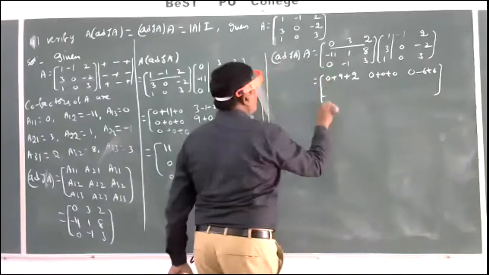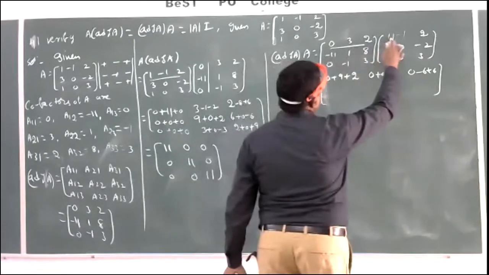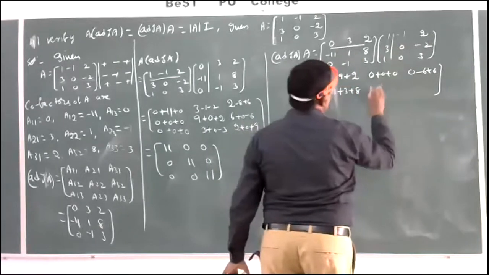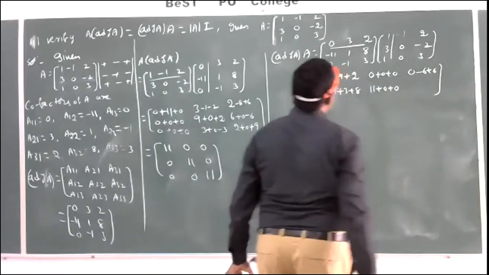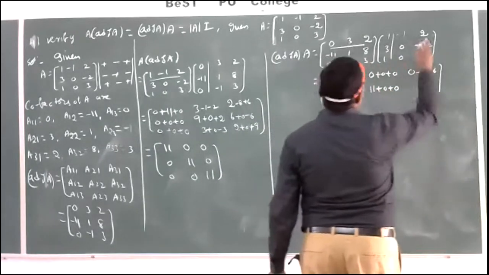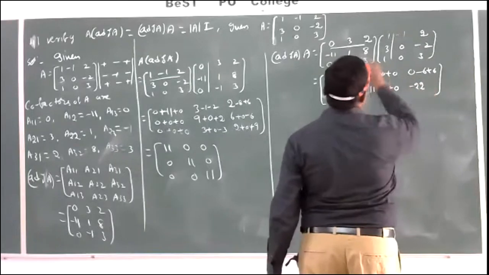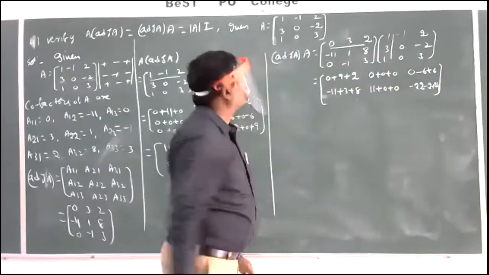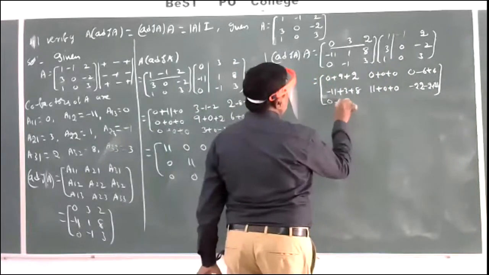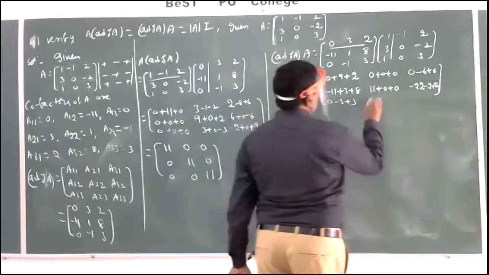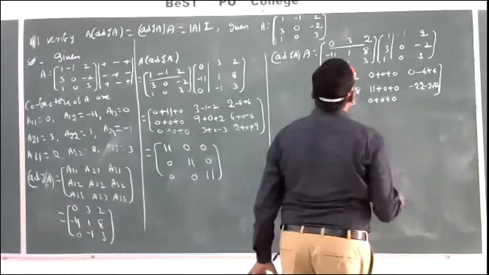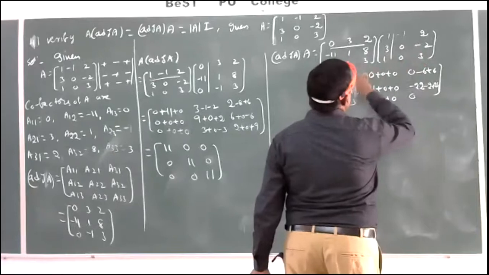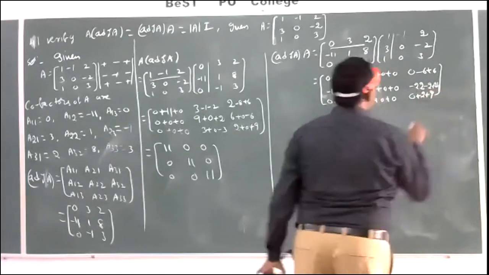Next minus 11 into 1, minus 11 plus 3 plus 8, 11 plus 0 plus 0, minus 22, minus 2 plus 24, next 0 minus 3 plus 3, 0 plus 0 plus 0, next 0, 2 plus 9.